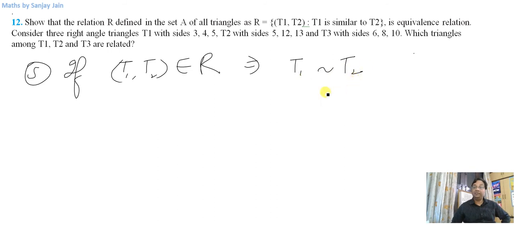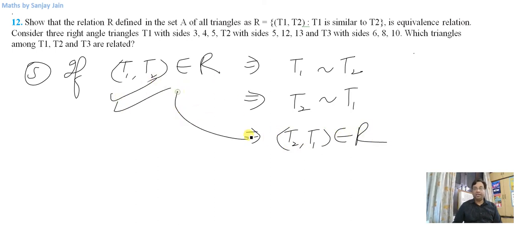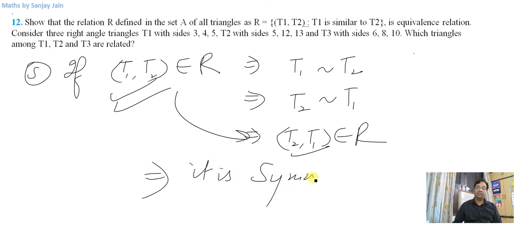If T1 is similar to T2, that will imply that T2 is similar to T1, right? If T1 is similar to T2, then T2 will surely be similar to T1 because I'm just rephrasing the sentence. And if T2 is similar to T1, that will imply (T2, T1) belongs to R. If the presence of (T1, T2) implies the presence of (T2, T1), that implies it is symmetric. What is symmetric? The relation R is symmetric.